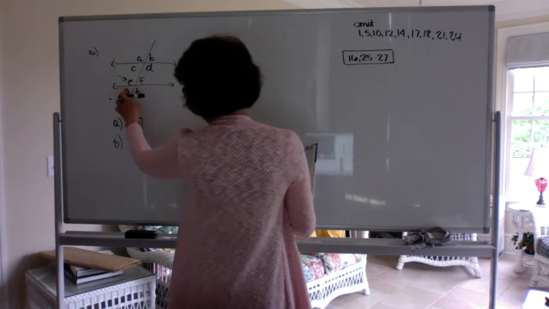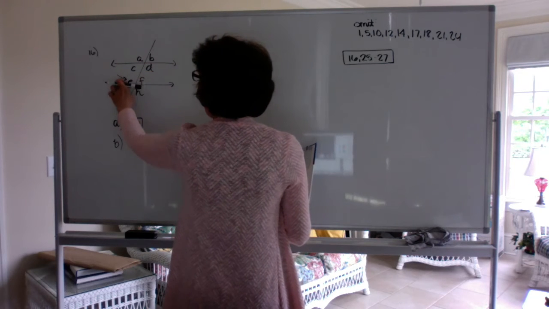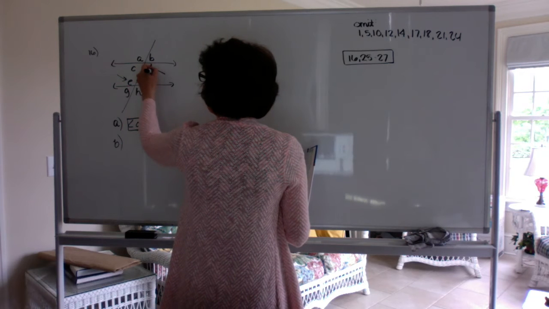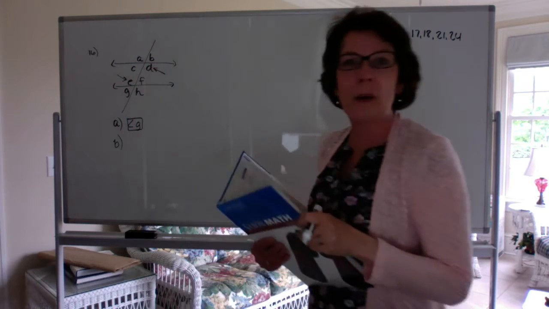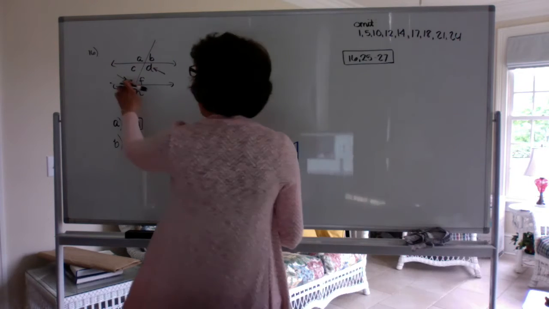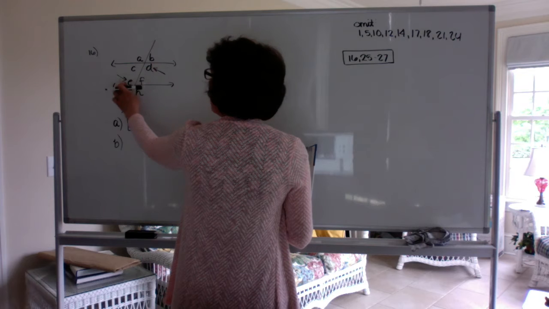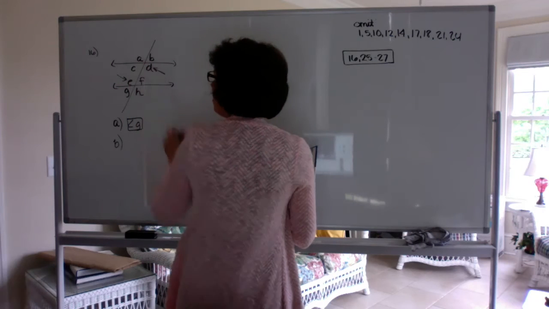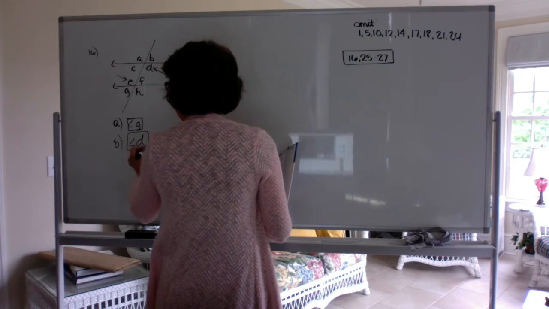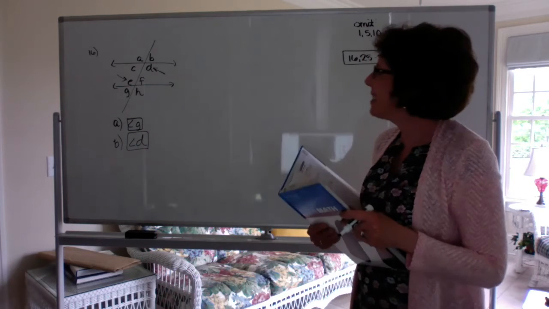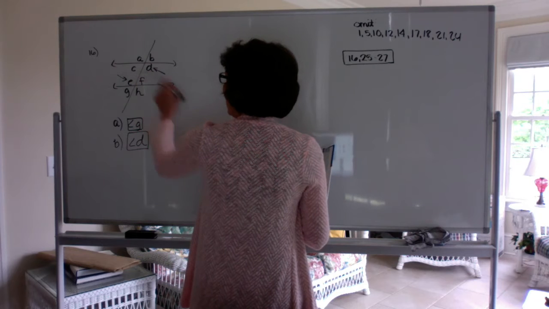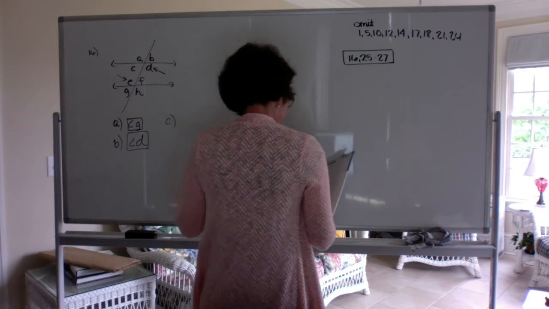So E is going to be an alternate interior to D. This one is obtuse, so it's going to be the other obtuse angle on the right side. So it's angle D. Alternate interior, alternate side, and then it's going to be one of these upper ones. So E and D.